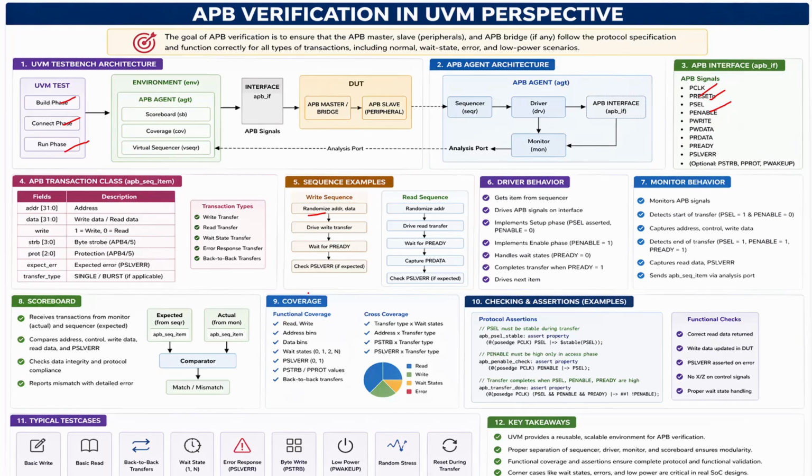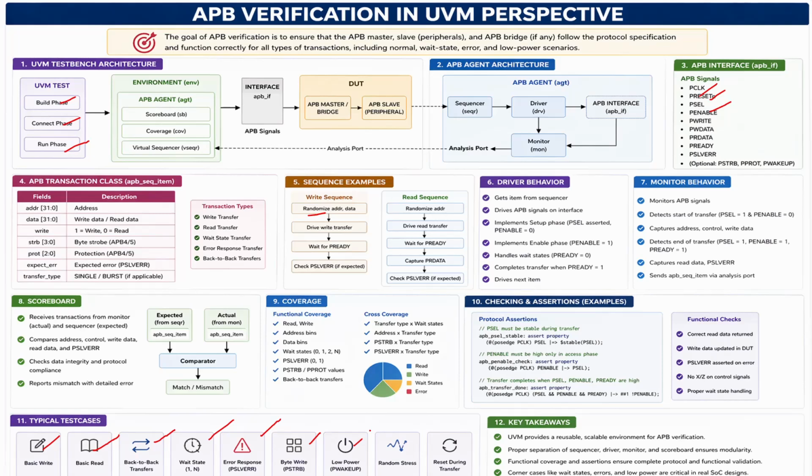If you know the testbench signals, you will understand all of this. The typical test cases are basic write and read operations, back-to-back transfers, wait states, and slave error signals. Byte write operations use strobe signals.